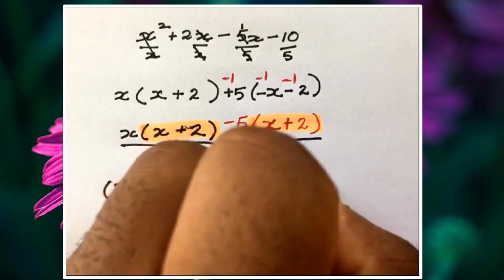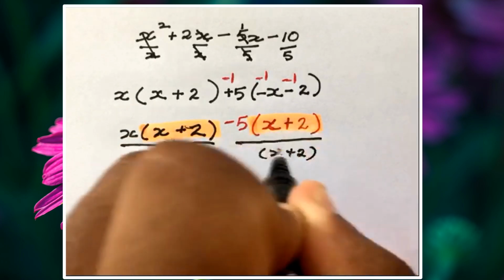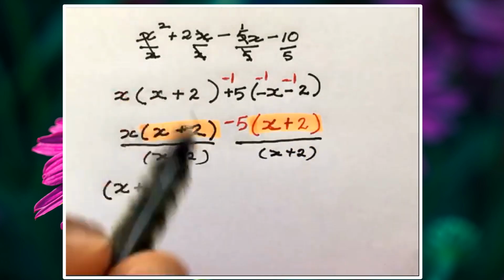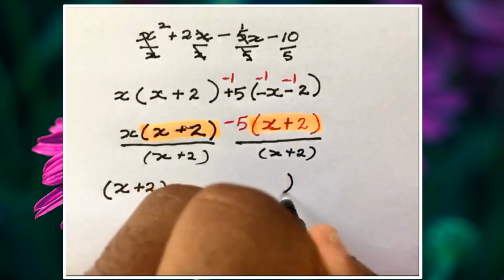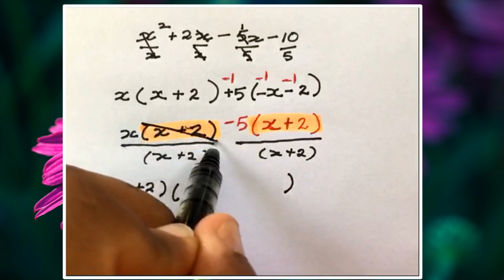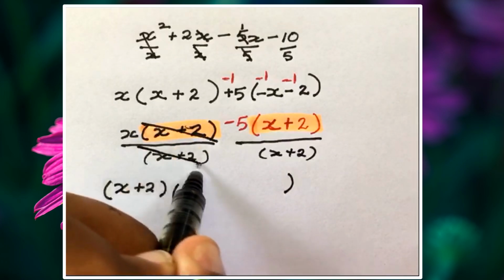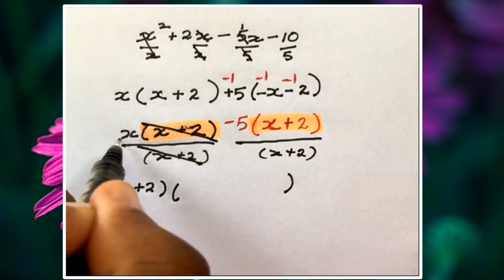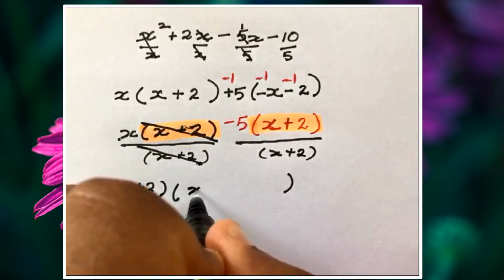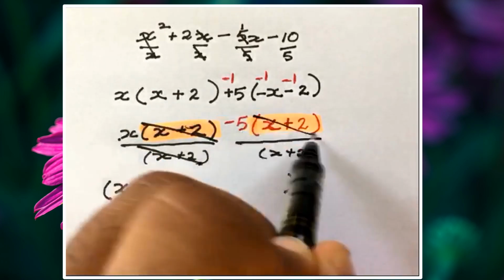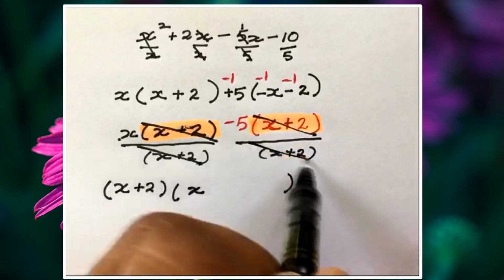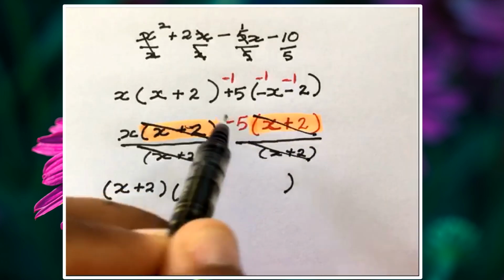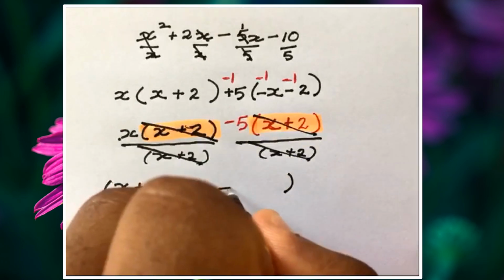Remember now that the bracket becomes the HCF because they're common between the two terms. Good. So this x plus 2 at the top is cancelled with this x plus 2 at the bottom, leaving us with just x. This x plus 2 at the top will be cancelled by this x plus 2 at the bottom, leaving us with just minus 5.